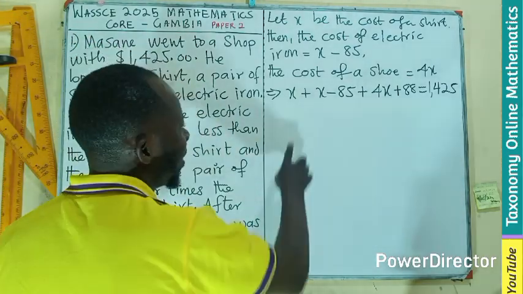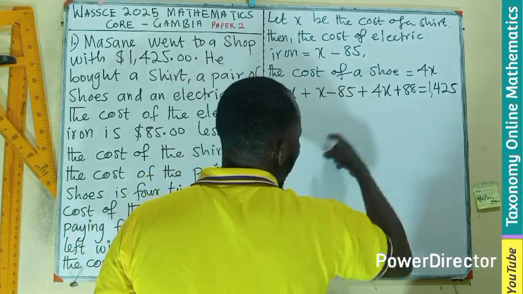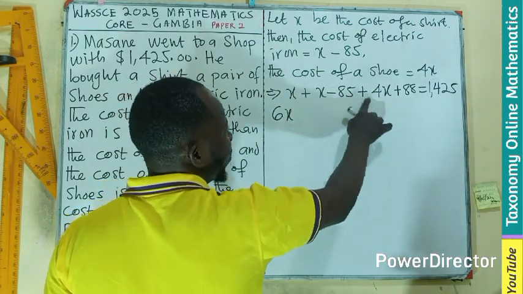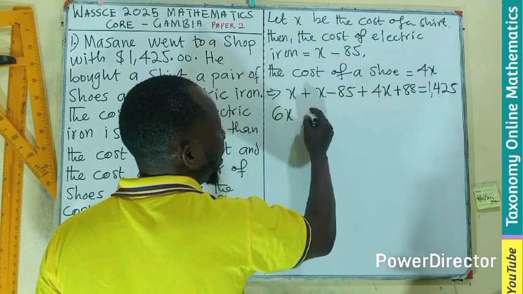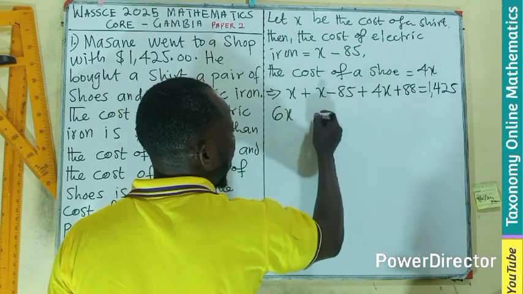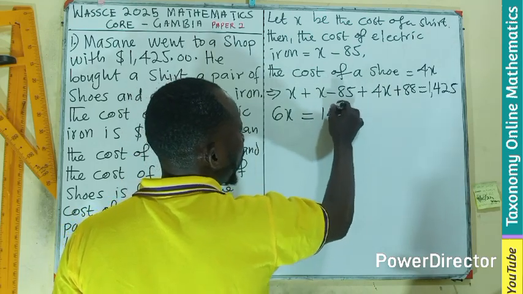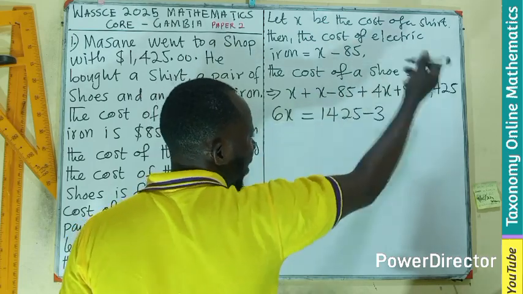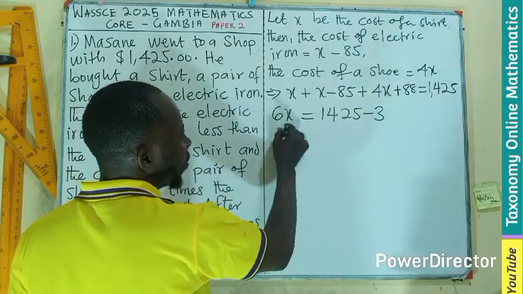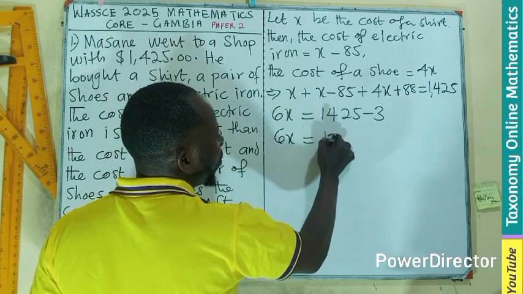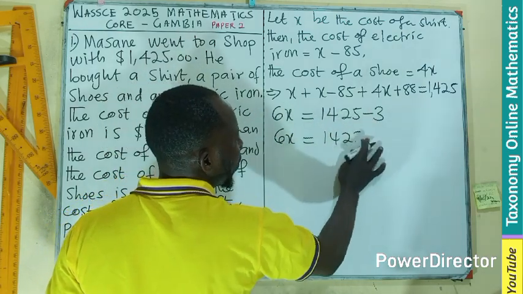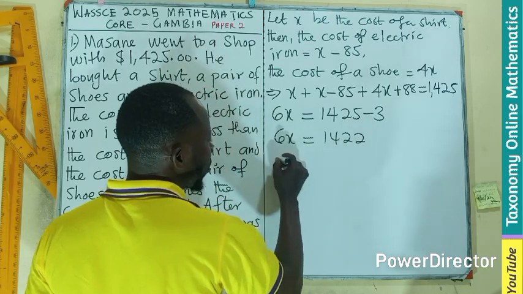All right, let's see. X plus X plus 4X will give us 6X, minus 85 plus 88 will give you 3. So we'll be having 6X plus 3 equals 1,425. Positive 3 goes to the other side to become negative, so 6X will be equal to 1,425 minus 3, which is 1,422.